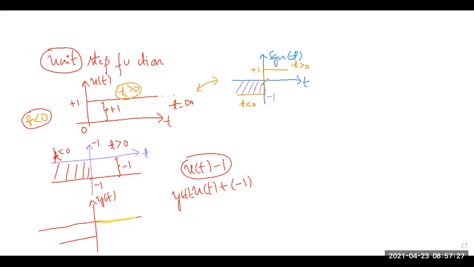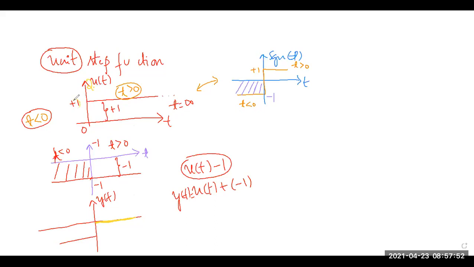And this does not resemble our signum function. So what we can do, in order to retain this u of t part, is associate it with an amplitude value equal to 2, such that this is no longer a unit step function because it is multiplied by 2.